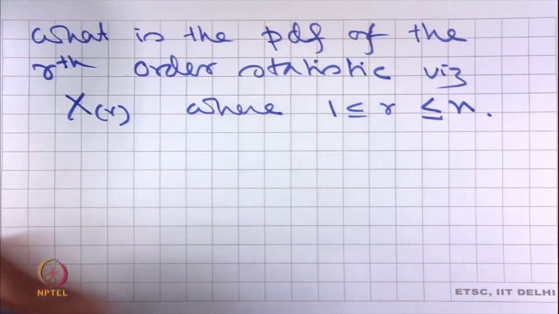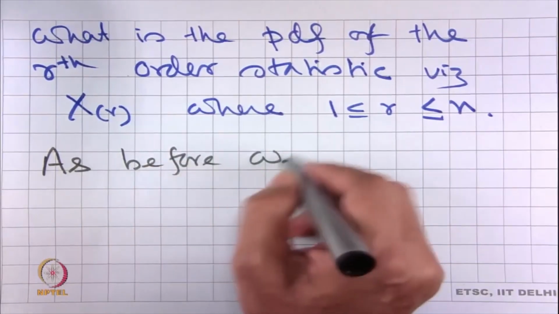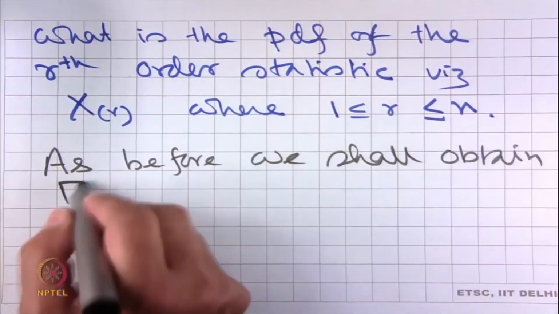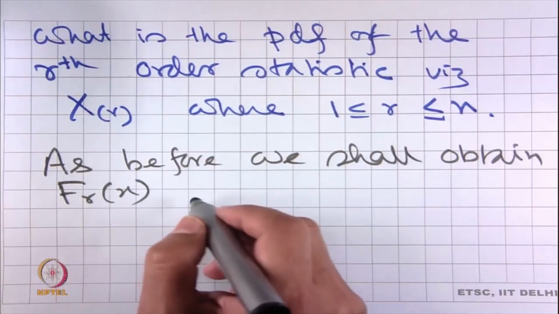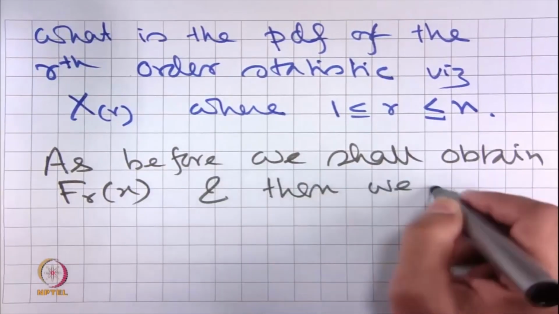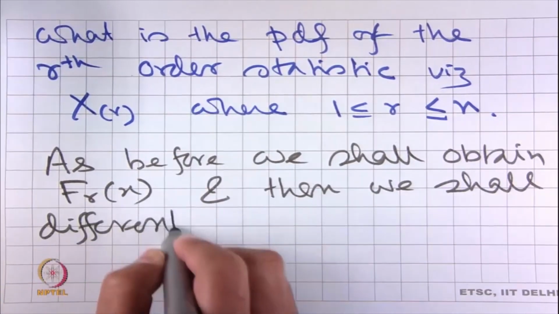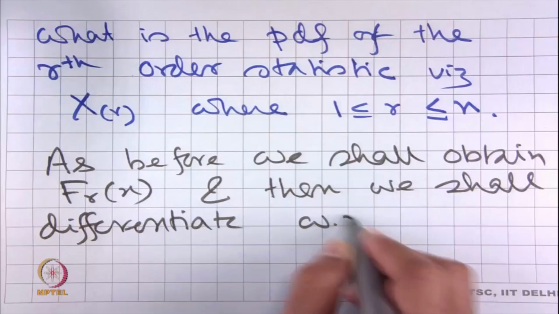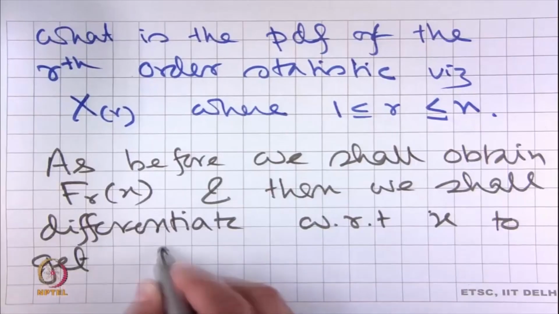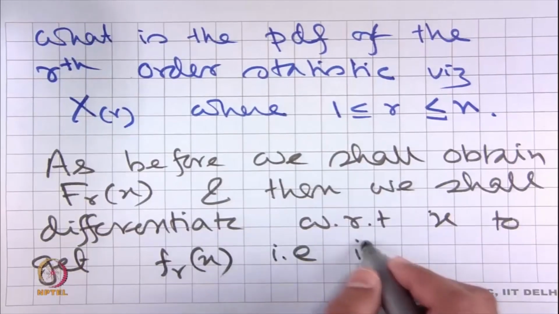As before, we shall obtain Fr(x), and then we shall differentiate with respect to x to get fr(x), that is its PDF.